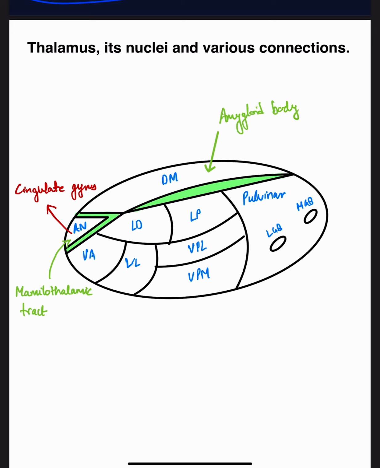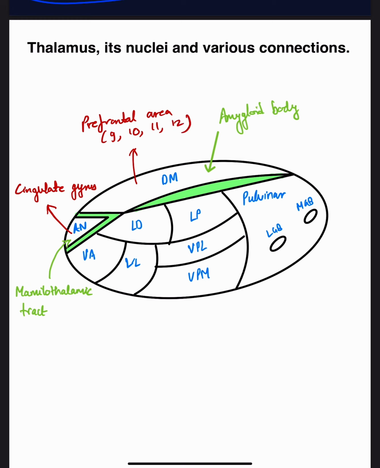And the efferent signals from the dorsomedial nucleus reach the prefrontal areas, known as areas 9, 10, 11 and 12.